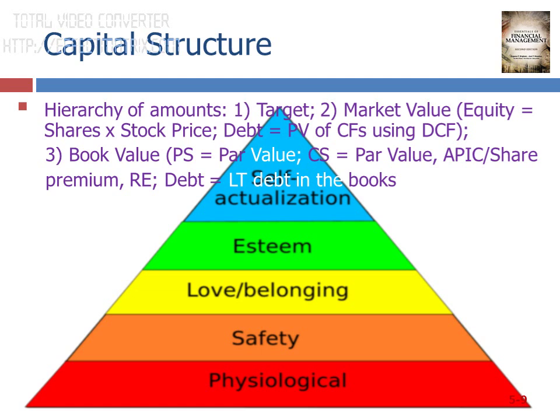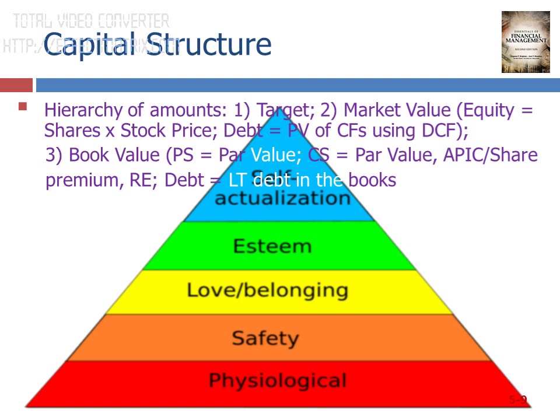For debt, you can get the present value of the cash flows using DCF, the one that we've learned in the valuation of bonds. Also, you can use the market quotation, right? Bonds are quoted at 109% or 95% of the face value. You can also use that as your market value of debt.